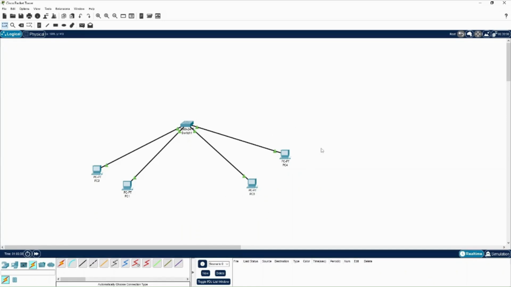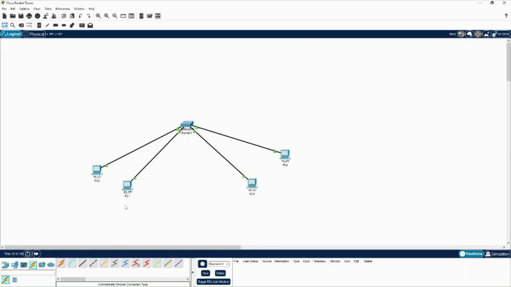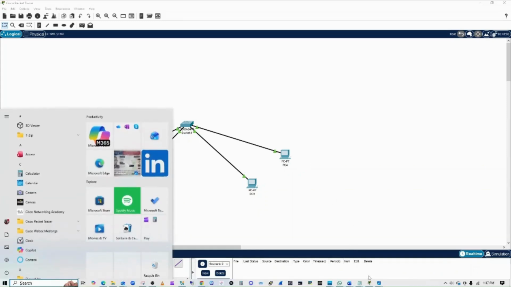Let's take that as an example. PC3 and PC4 are on one VLAN, and PC1 and PC2 are on a different VLAN. So if PC1 sends a broadcast, it will not be able to reach these two computers because they are on a different VLAN. Well, let's go back here.